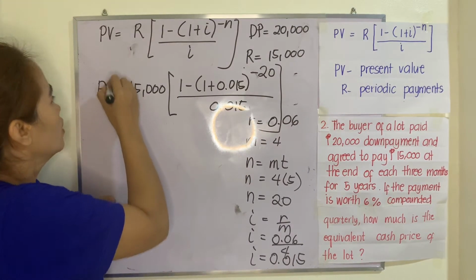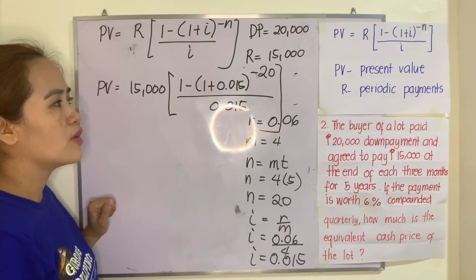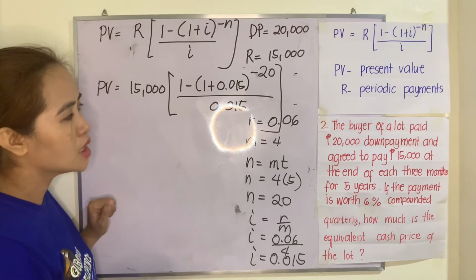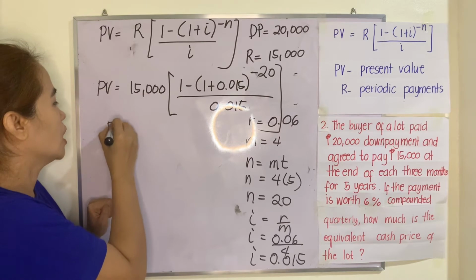So just calculate this. 1 minus 1.015 raised to negative 20 equals, and then divided by 0.015 multiplied by 15,000.